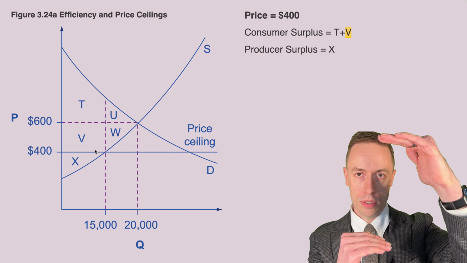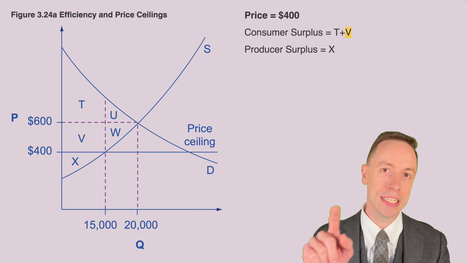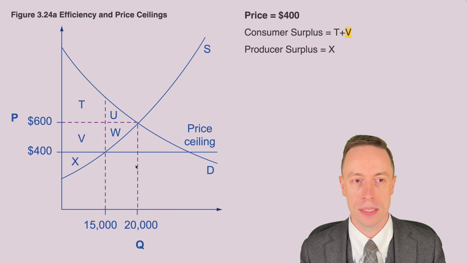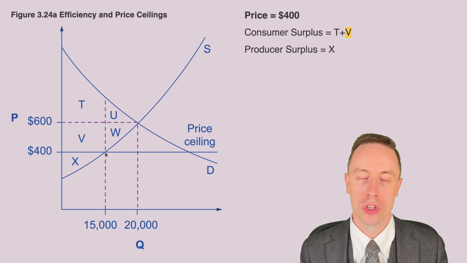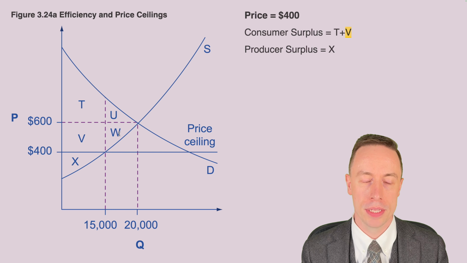Lower price, same supply curve, less difference, less producer surplus. And in addition to that, it used to be that sellers sold 20,000 units. They don't anymore. So whatever producer surplus was associated with these 5,000 units that are now gone, area W also disappears from producer surplus.